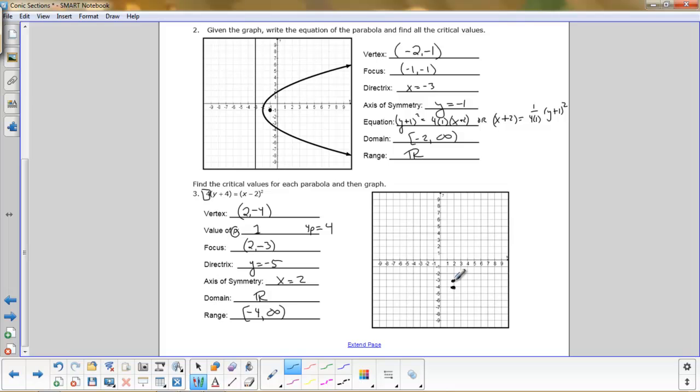Value of p tells me to move up 1 and down 1, and I'll go ahead and draw my directrix as a dotted line. The next thing I'm going to do is find those reference points. Remember, the reference points are 2p units away. It's going to help you accurately draw your stretch or compression of your parabola. So it's going to look like that, and then I can sketch it like this.